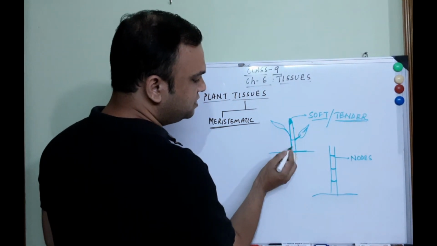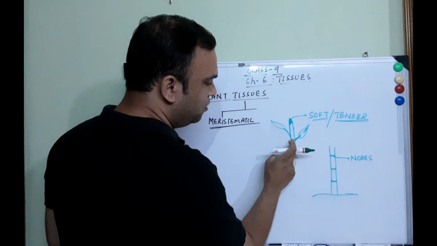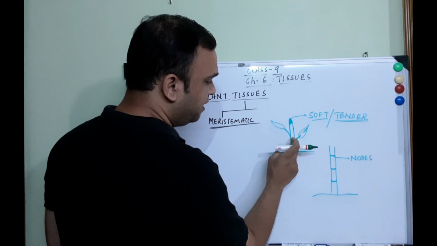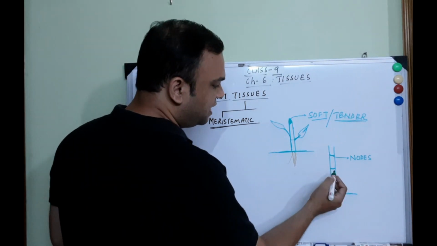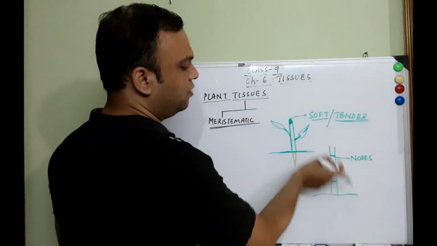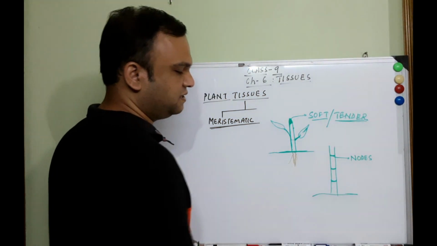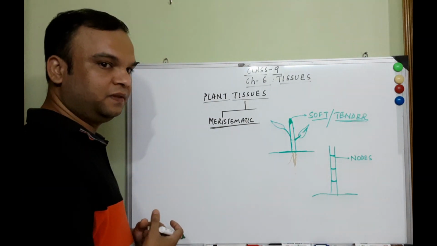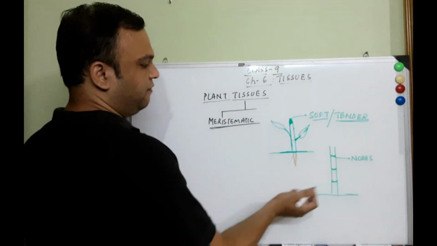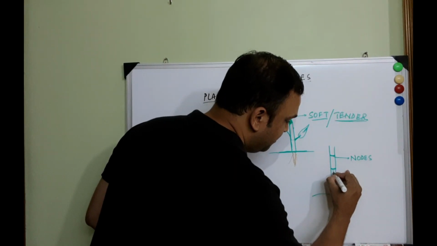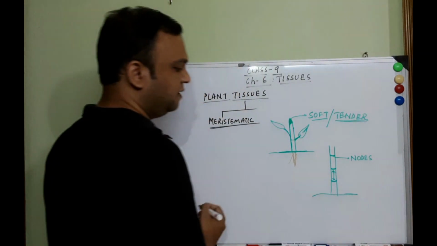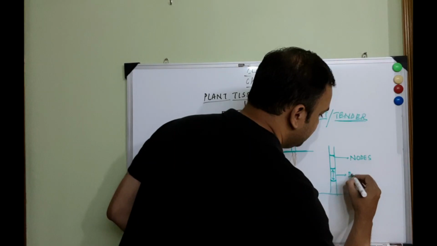Because this is a very new stem, you may not find the nodes so clearly, but the nodal region is present. Nodes are very clear in grown-up or mature stems, like bamboo or sugarcane. The gap or length between these nodes is called the internode.